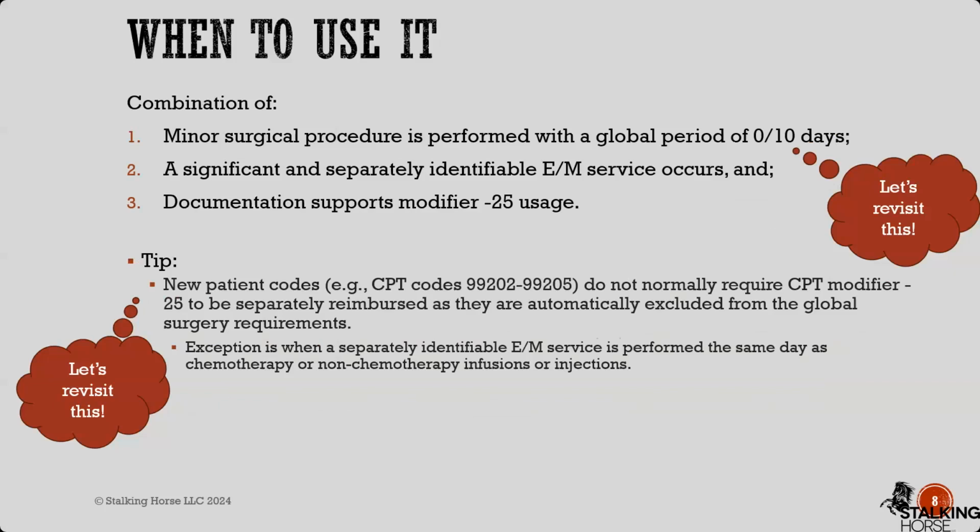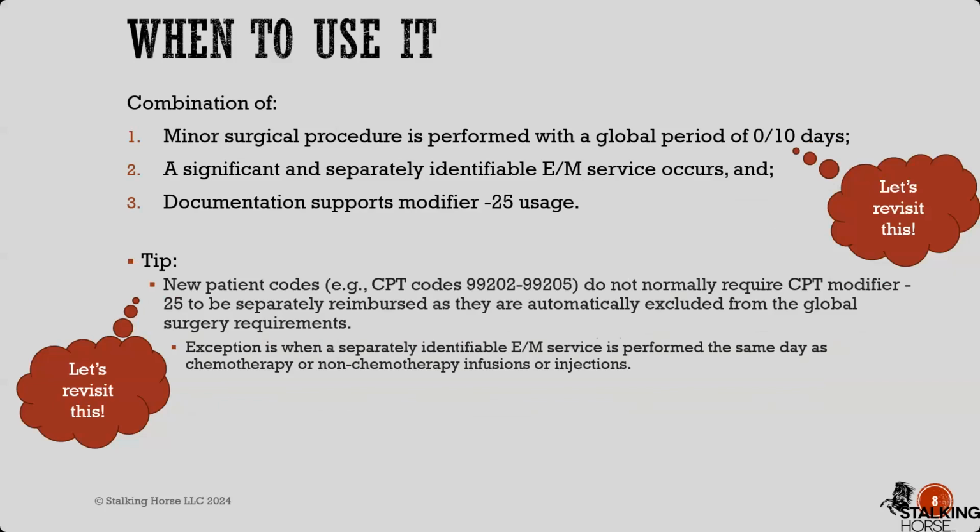Let's say I'm going to use the EKG as an example. If the patient has an EKG and an office visit, many times we are having to put the 25 modifier on there, even though technically maybe we shouldn't be required to because it's not an injection or infusion type of situation, but they still require it. But in other states where we have other clients, those MACs and some of those other payers do not require it.